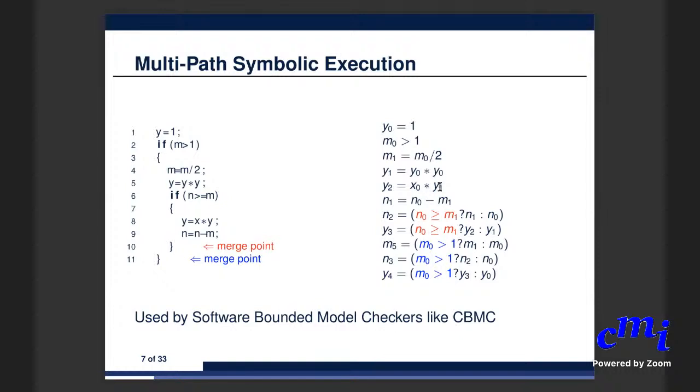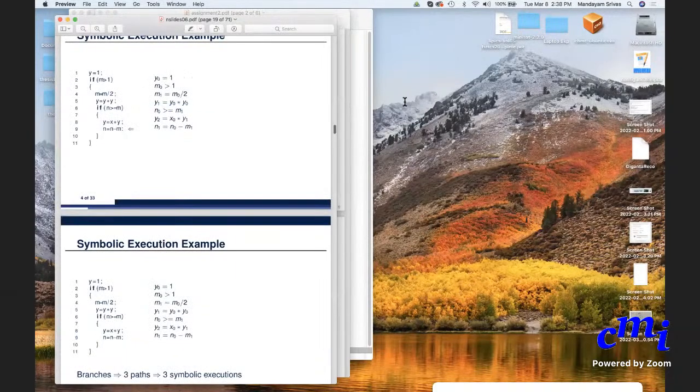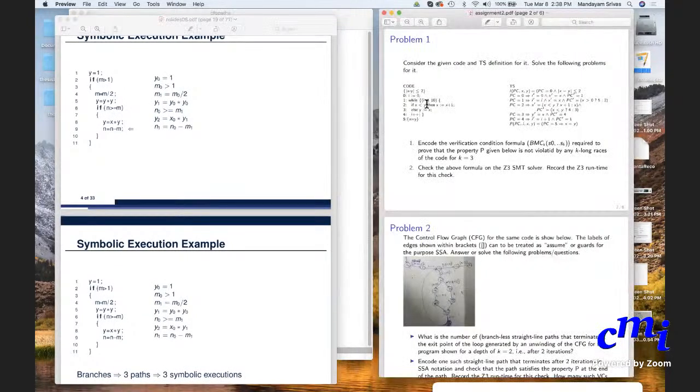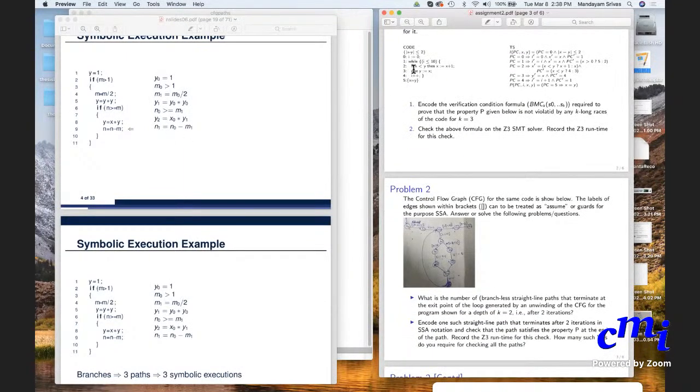So for the program I showed earlier, instead of enumerating all the paths over all the iterations, I would generate an SSA with merged values.